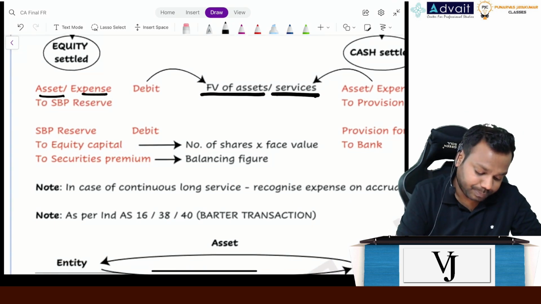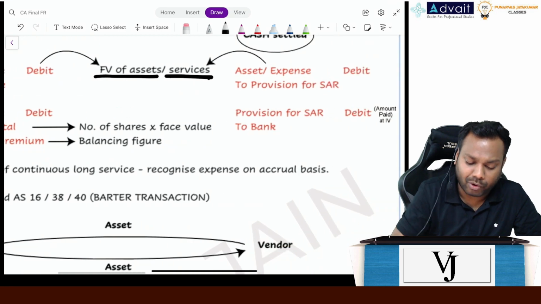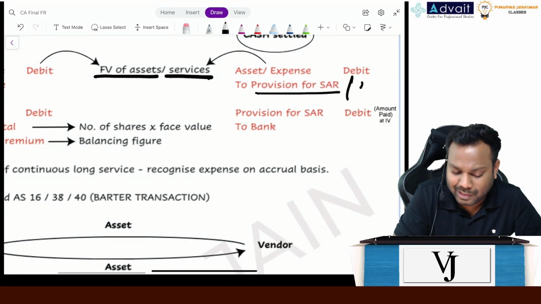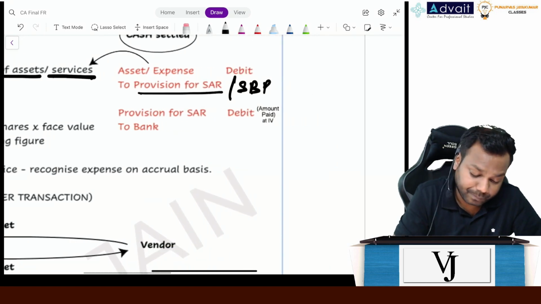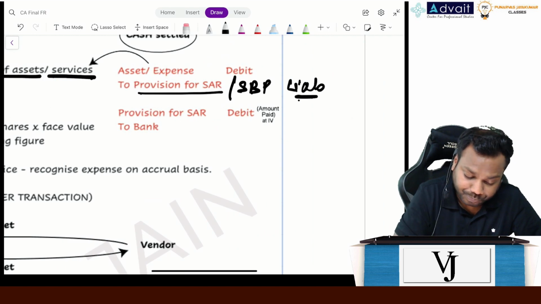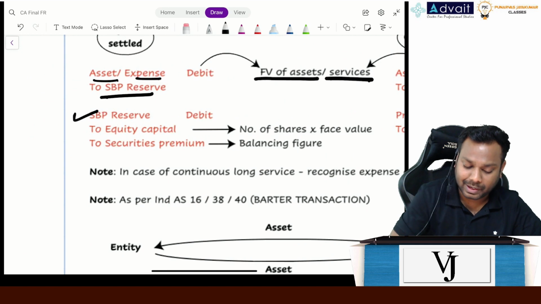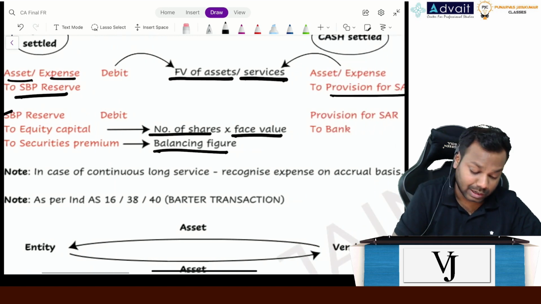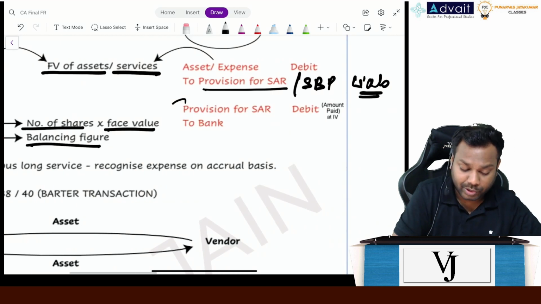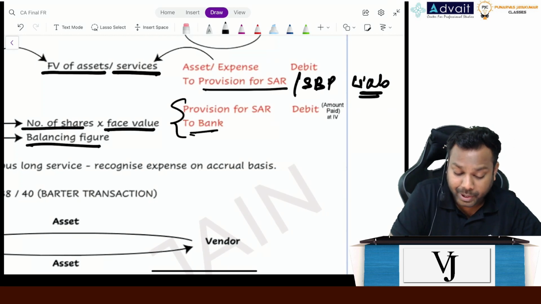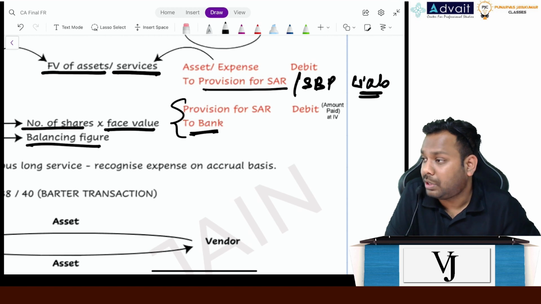Okay. Now, the following with the SBP reserve and the provision for SAR, or you can say SBP liability. From SBP reserve, I will issue equity share capital, that is number of shares multiplied with the face value, and the differential portion will go to securities premium. But this provision for SAR or SBP liability, I will pay at intrinsic value to the vendor.